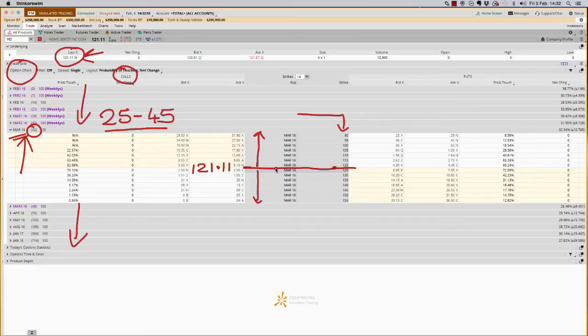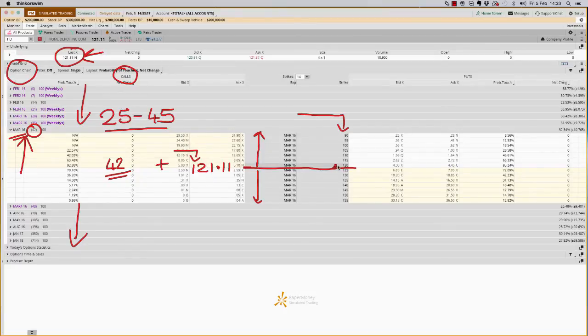All of those options can be deemed as being in the money because we've got 42 days of time, the duration that this option has to expiration, plus the value of the stock.